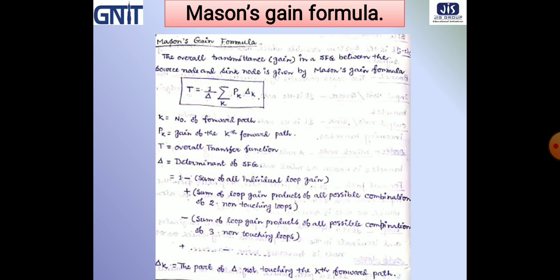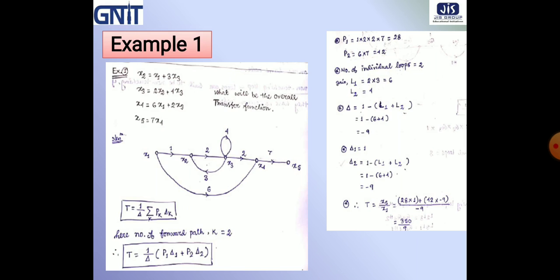Delta k is the part of delta not touching the kth forward path, and k is the number of forward paths. So this is one example which I already discussed in our previous lecture.